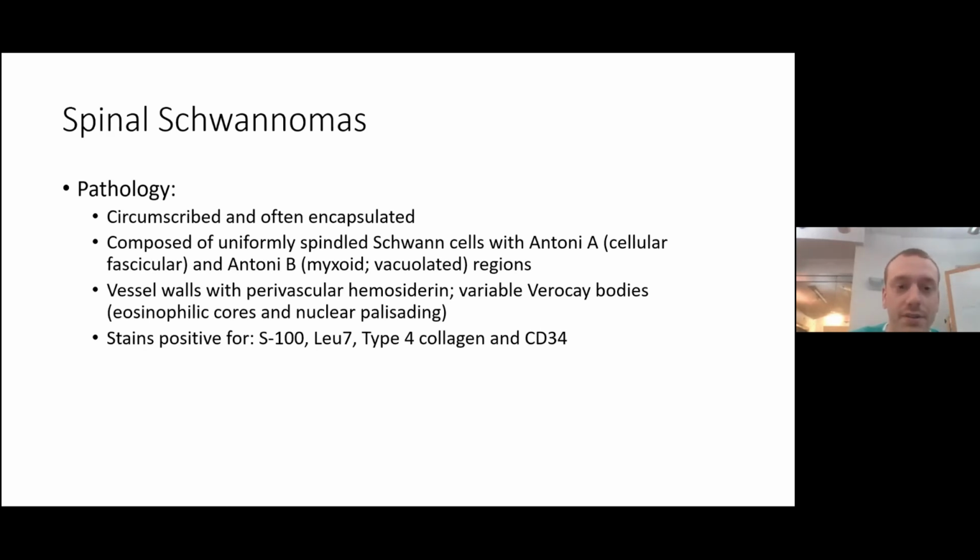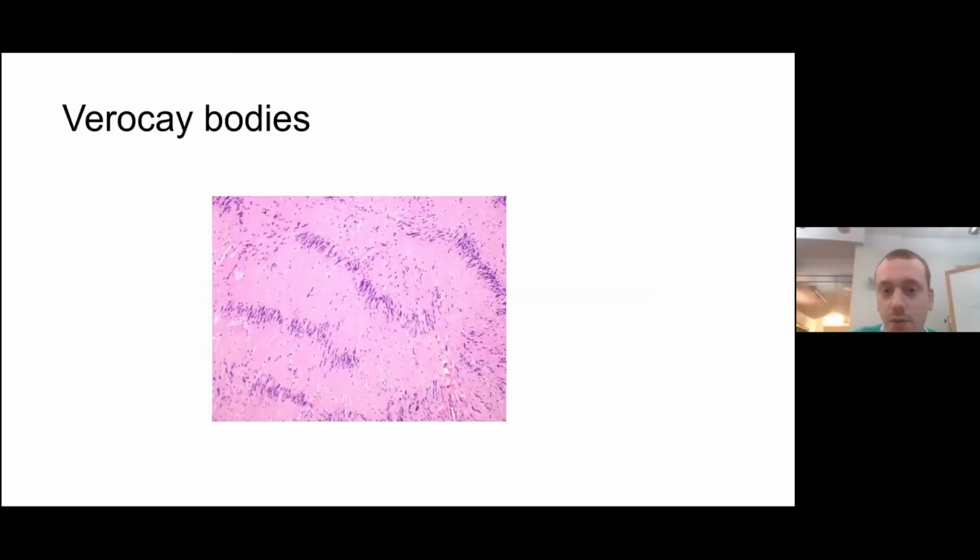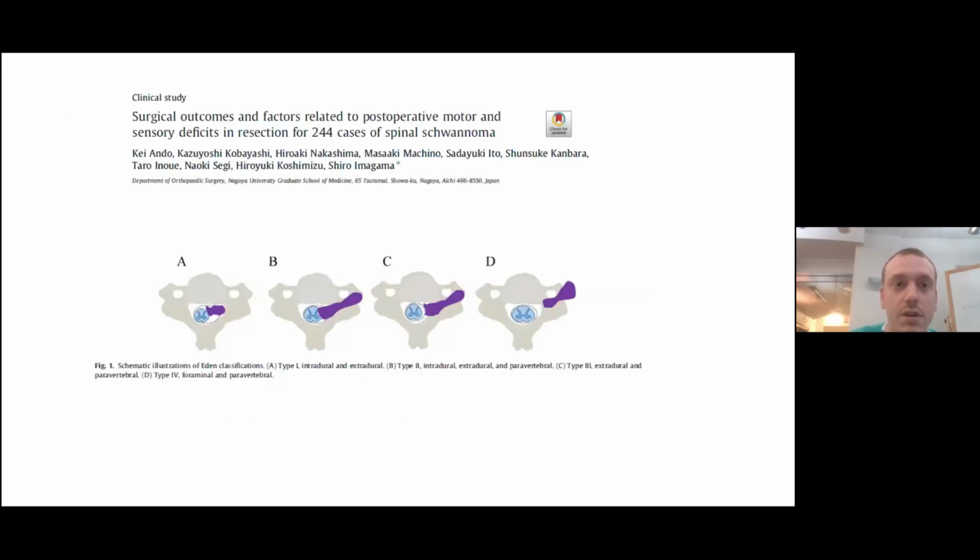They stain positive for S100, laminin, type 4 collagen, and CD34. And as was already presented, this always comes up on the boards every year. Verocay bodies, this is how they look too. Another slide, and it's associated with spinal schwannomas, or schwannomas in general.